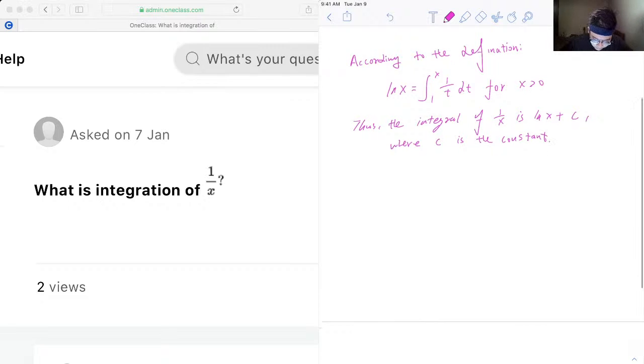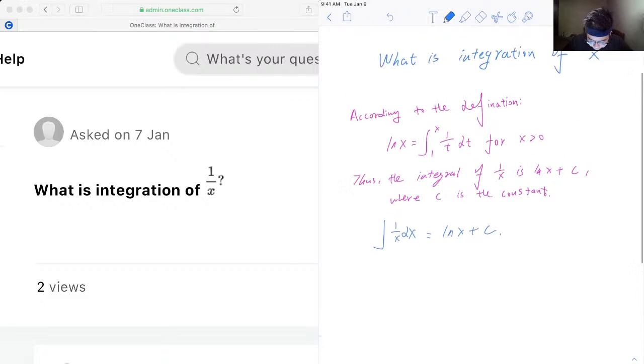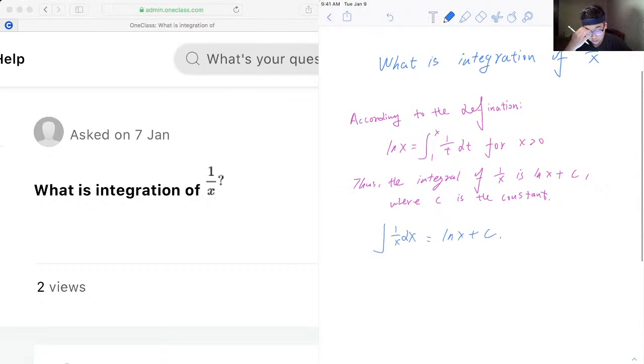The integral of 1 over x dx is equal to ln x plus c. Okay, so that's what we have for this question.